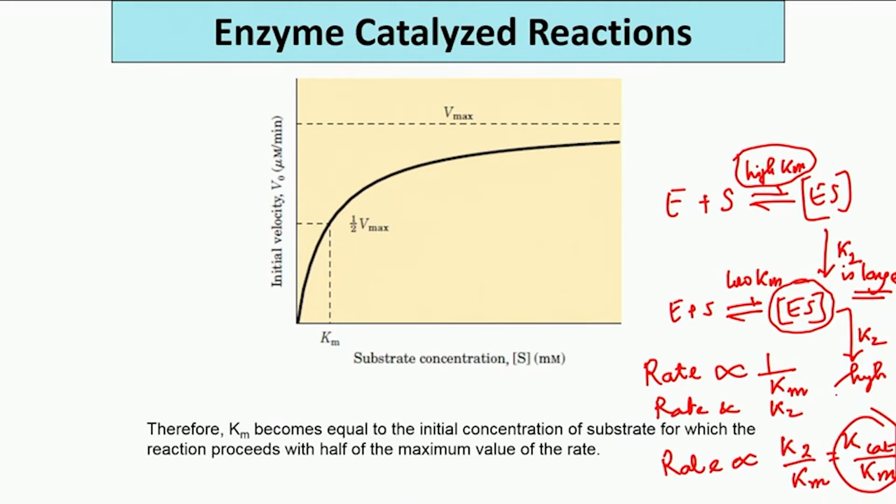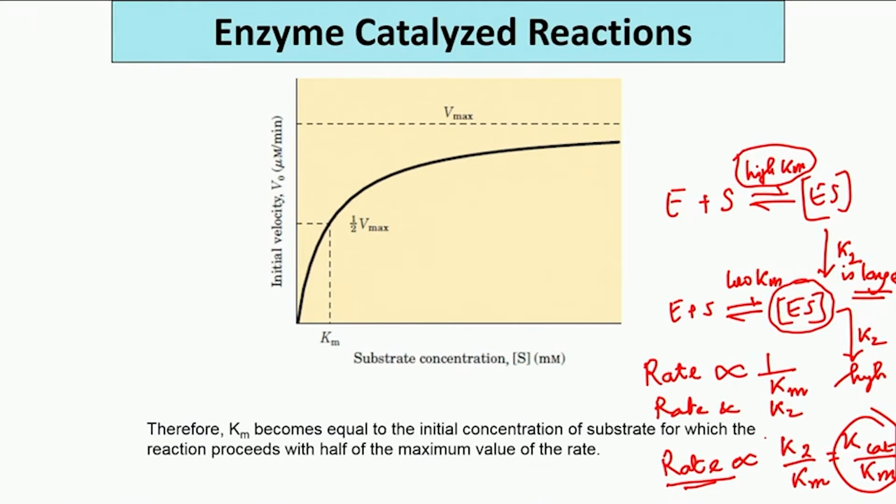I have done it by a simple variation method, but you can ultimately prove it by taking the Michaelis-Menten equation and deriving that the efficiency of an enzyme is dependent upon kcat by Km. But without going into deep mathematics, it can be very easily said, because rate is inversely proportional to Km and directly proportional to k2. So, if k2 by Km is very high, that is a very efficient enzyme.